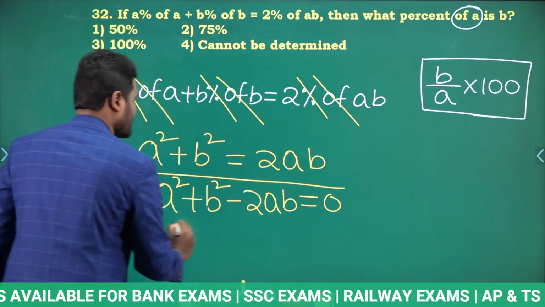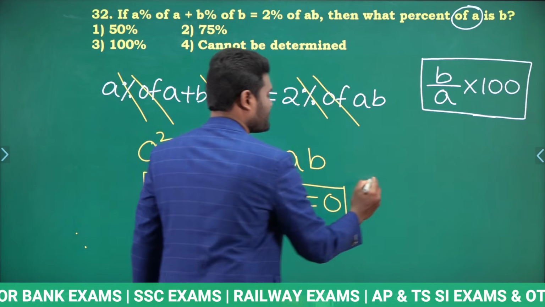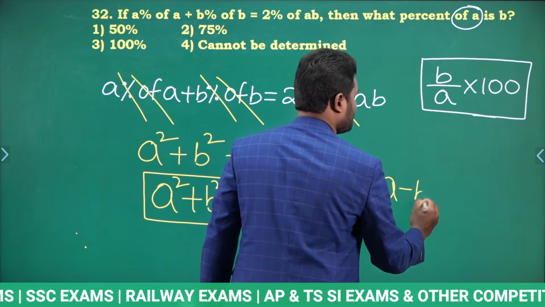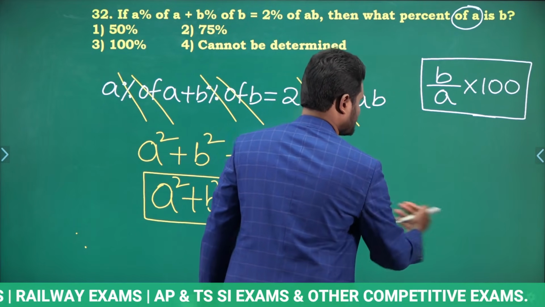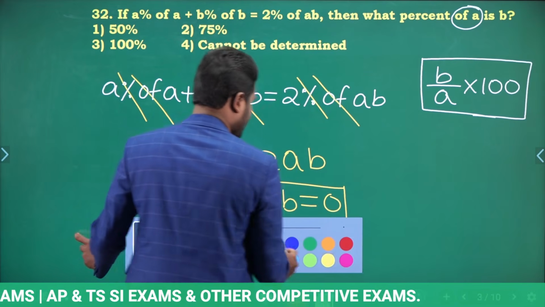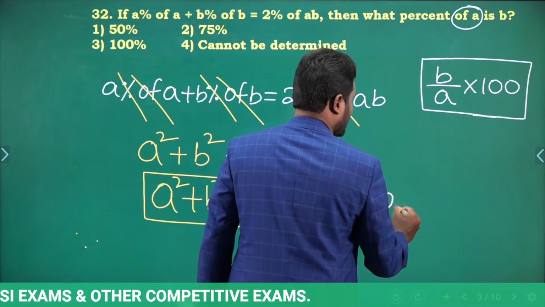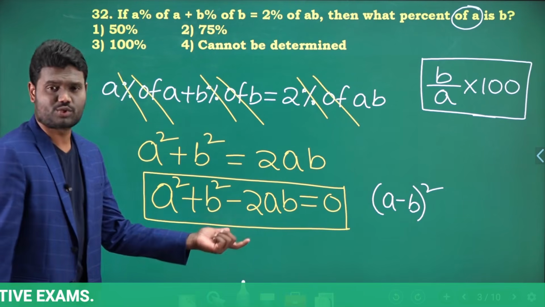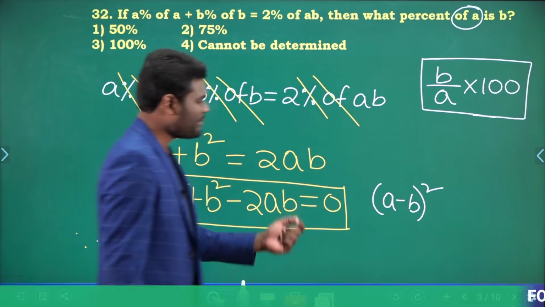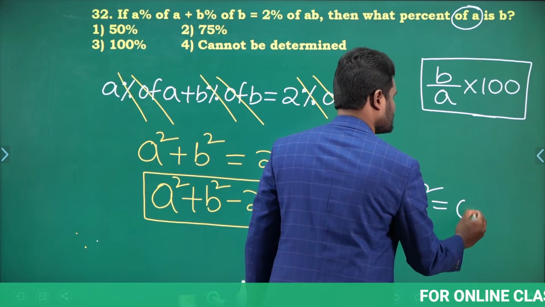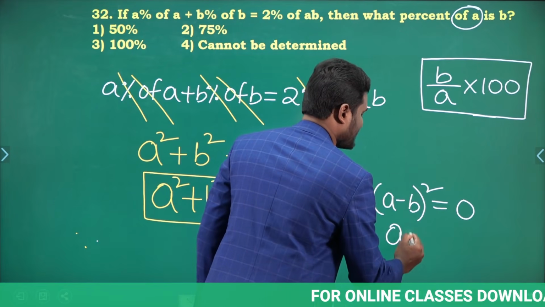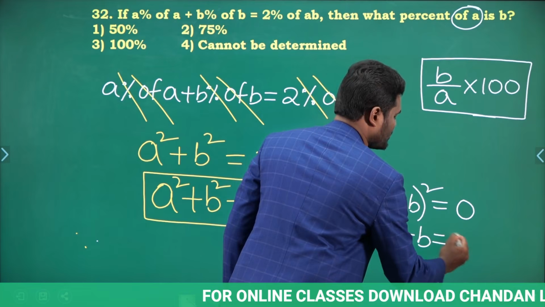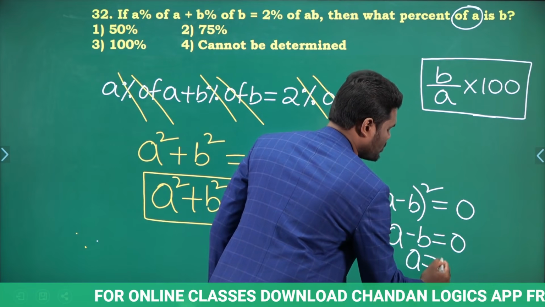Now if you observe here, this is in the form of A minus B whole square. Yes or no? Why? Because A minus B whole square is nothing but A square plus B square minus 2AB. So I can say A minus B whole square equal to 0. From this I can say that A minus B equal to 0, which means A is equal to B.